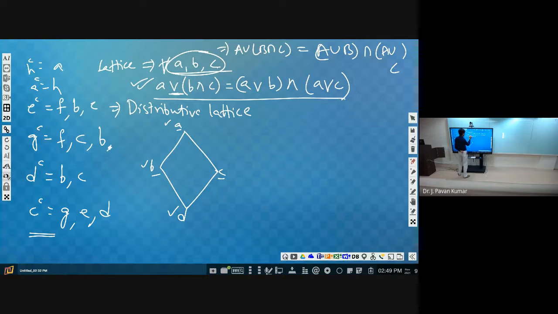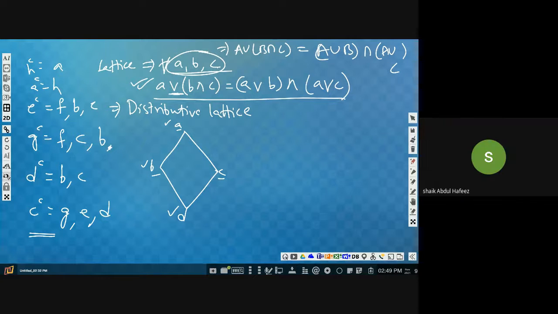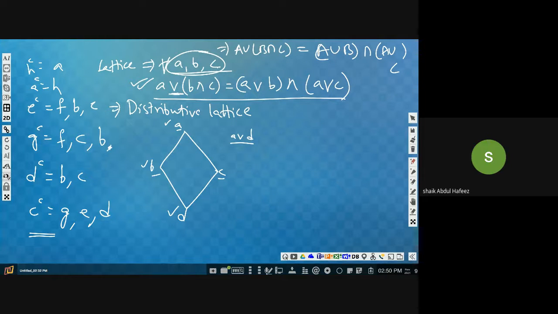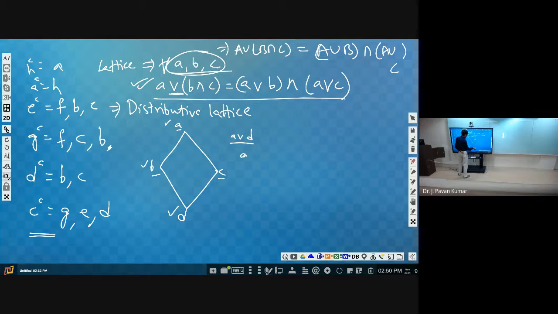Now A join (B meet C). B meet C is D. So A join D, and A join D is A only, isn't it? Yes. So A join D is A. This is LHS.